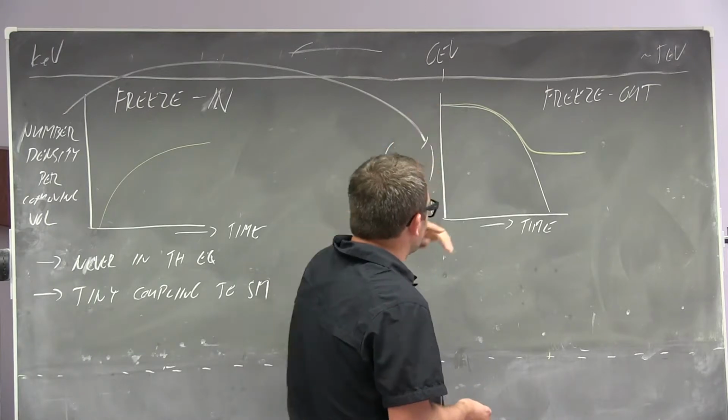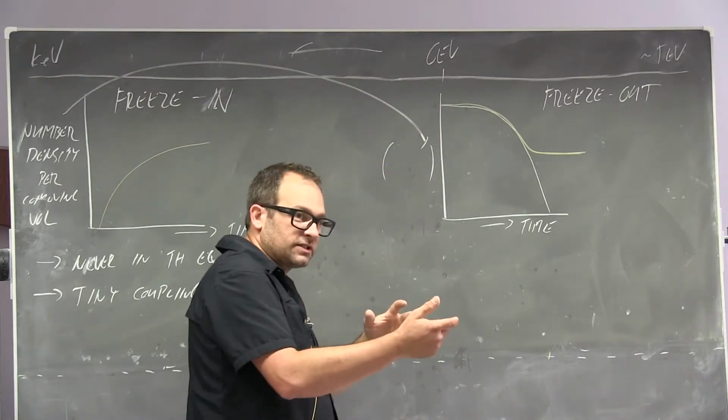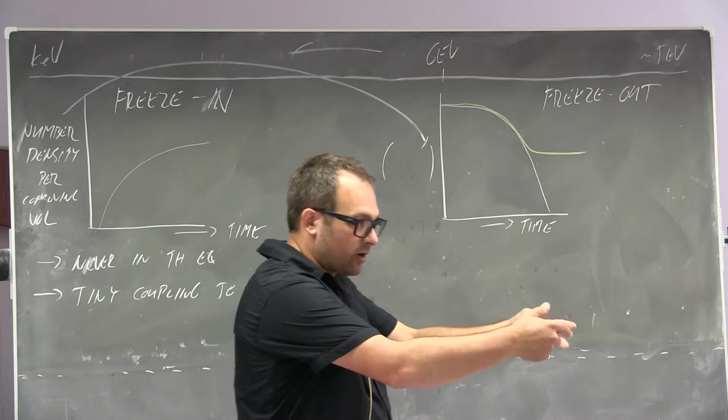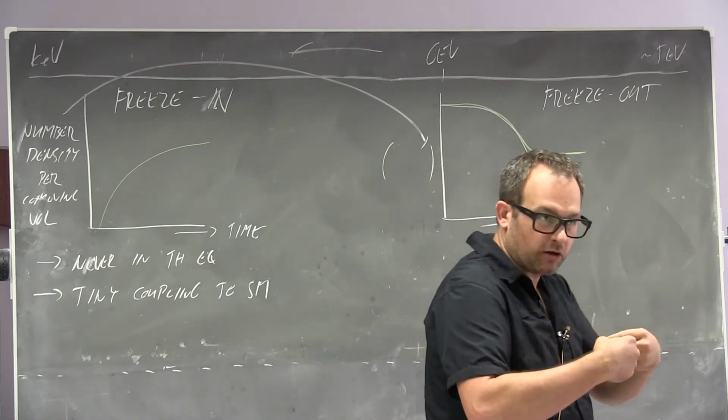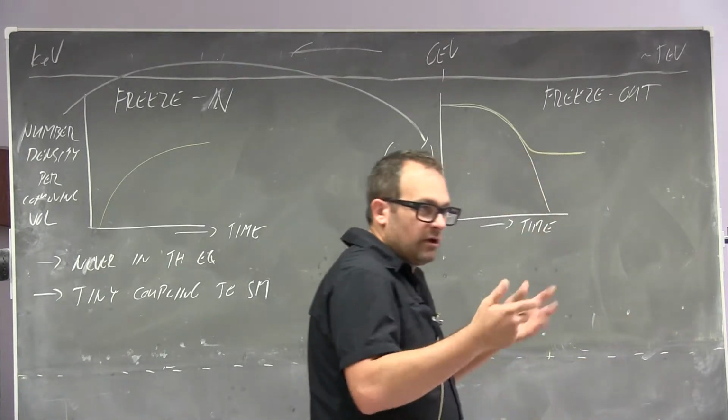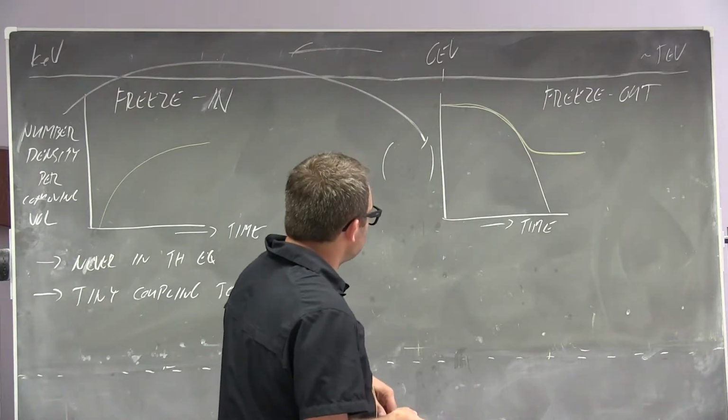So as a consequence, whatever the standard model processes are doing, you can annihilate into the dark matter, and the dark matter can annihilate back into the standard model. And these processes go back and forth very rapidly.